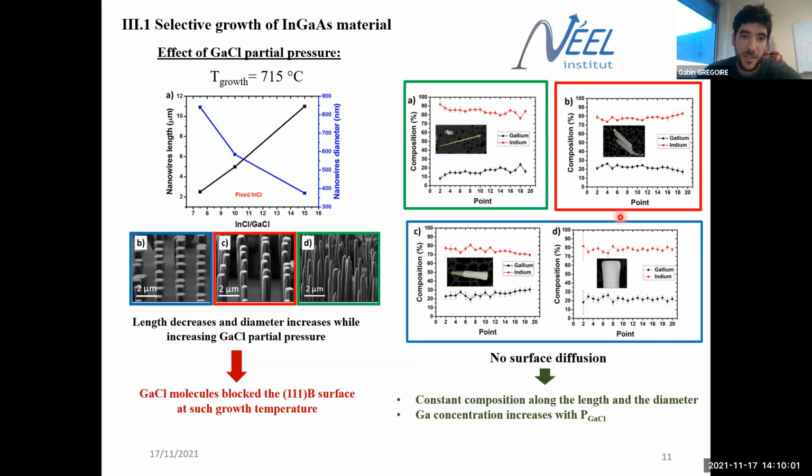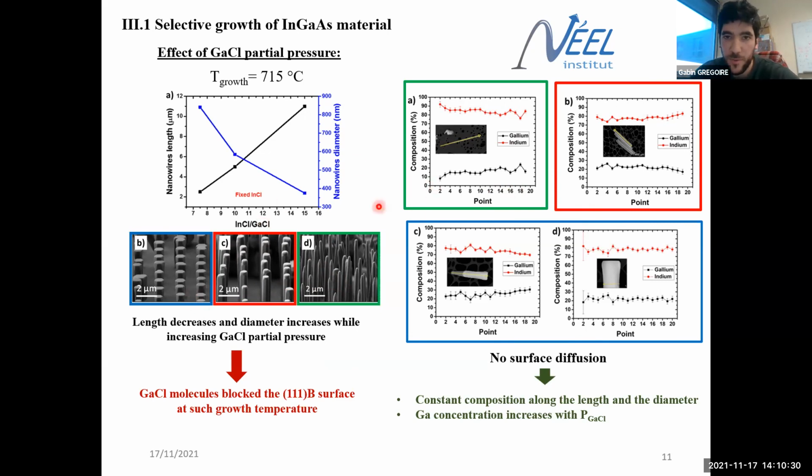So as you can see, by increasing the gallium chloride partial pressure in the vapor phase, we have, from the right to the left, a decrease of the nanowire length and an increase of the diameter. And this decrease of the nanowire length with the gallium chloride partial pressure is due to a saturation of the top surface with gallium chloride molecules, which slowly decompose at such growth temperature.